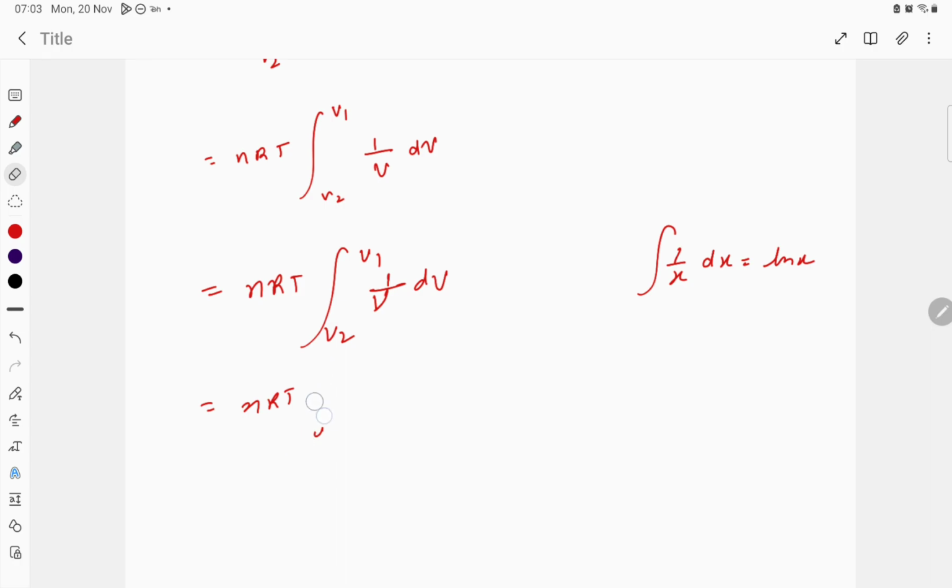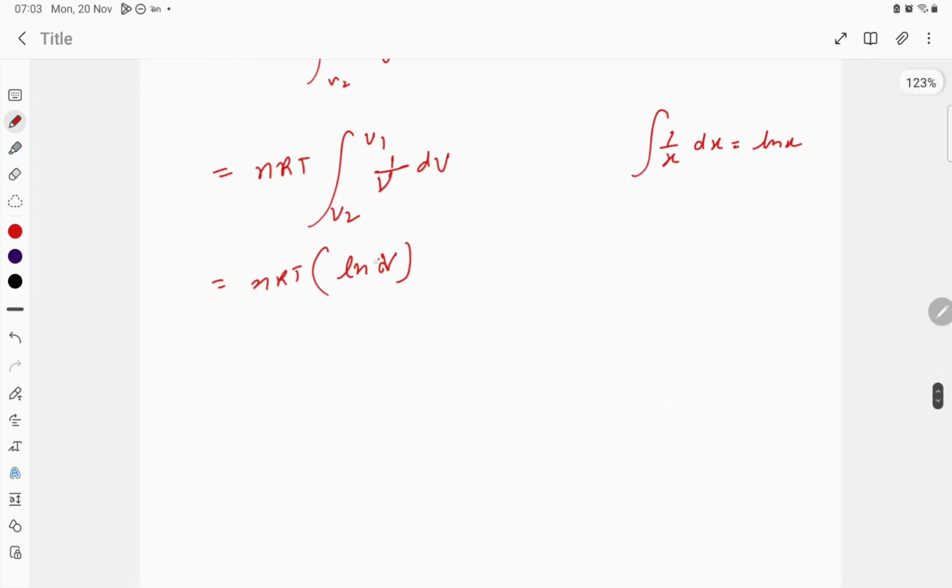So we will write it like that, nRT, this sign has to be removed now. What will come, student? ln V means what, student? Which value is more? V1 is more in compression, so V1 minus V2.